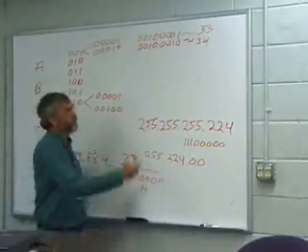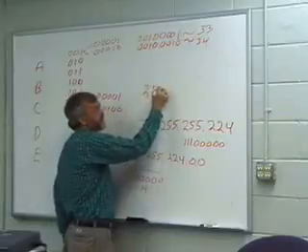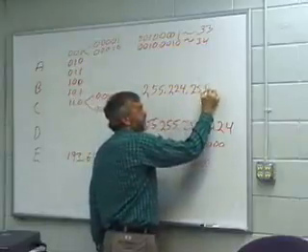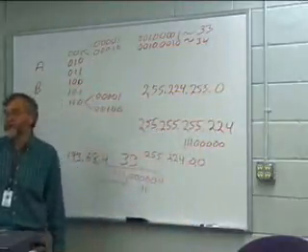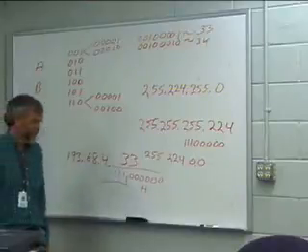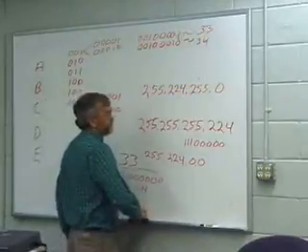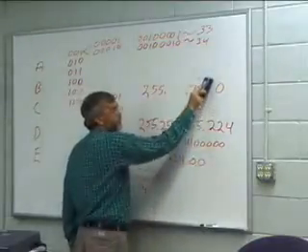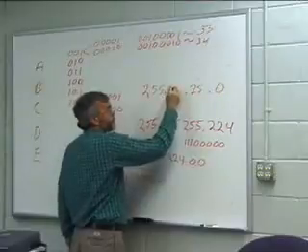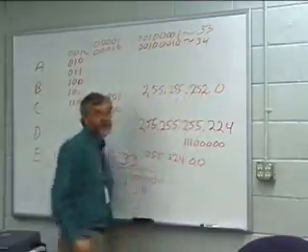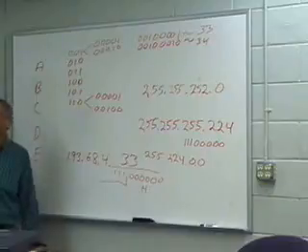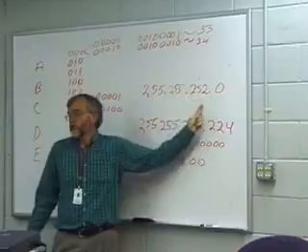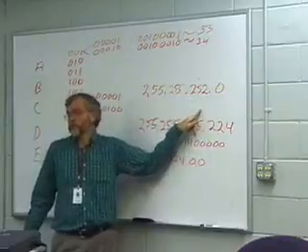So if you ever see a number that sits there and says 255.224.255.0, is that a valid subnet mask? Nope. No. Is 255.255.252.0 a valid subnet mask? Yes. 252 actually is a valid one, because that says we're borrowing the first 6 bits.